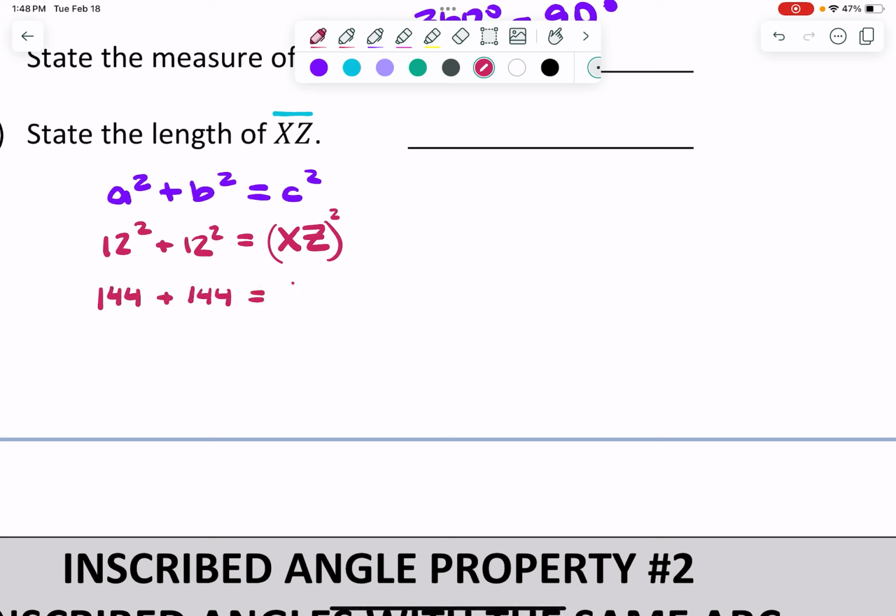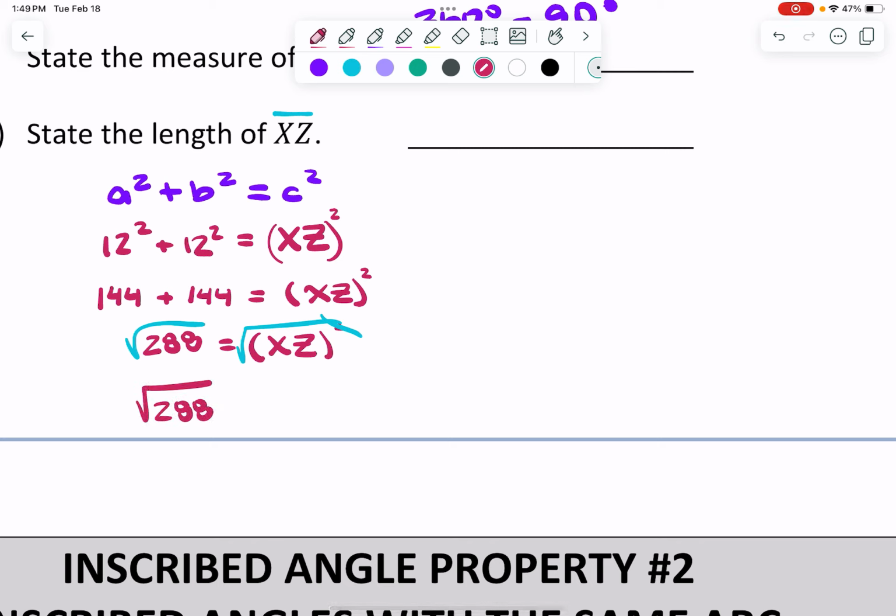144 plus 144 is segment XZ squared. And 144 plus 144 is 288. And to get rid of a square, I can square root both sides, where I end up with the square root of 288 is equal to XZ.